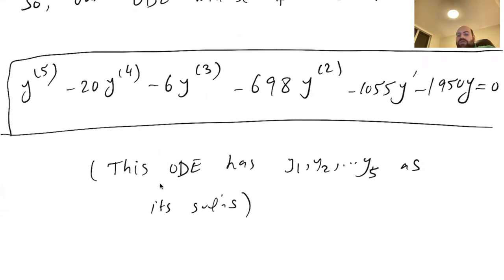But they are not its only solutions, because we know if y1 to y5 are linearly independent solutions for our ODE, then anything of the form c1 y1 plus c2 y2 to c5 y5 is also a solution. So the general solution for this ODE will be c1 y1 plus to c5 y5. But y1 to y5 basically are the linearly independent solutions for our ODE.